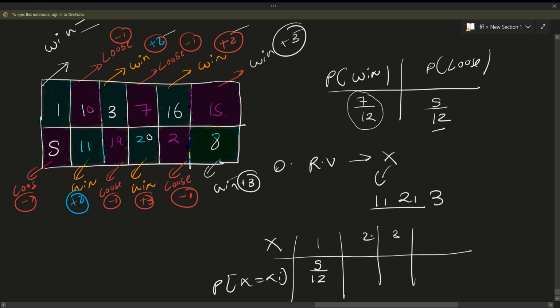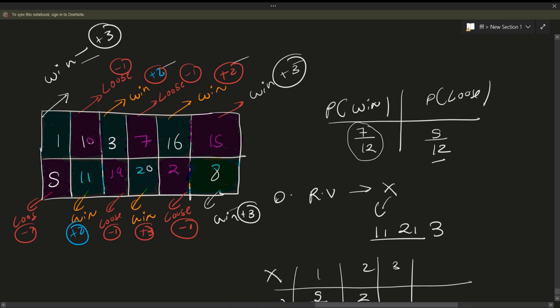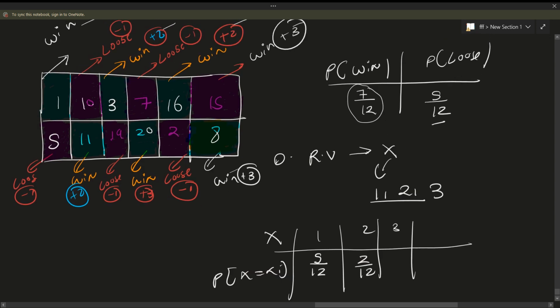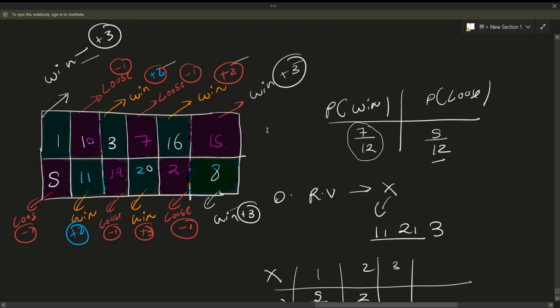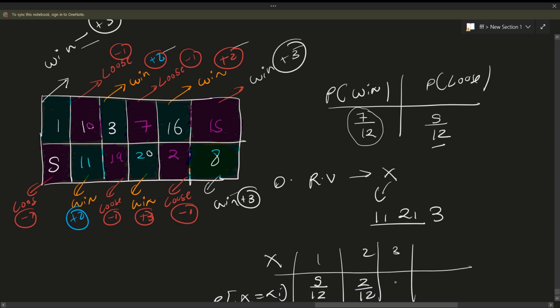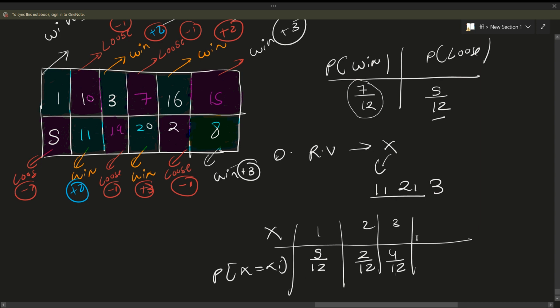Now let's see the number of times we're getting plus 2 win, and plus 3. 1 plus 3, 2 plus 3, 3 plus 3, 4 plus 3. Wait a minute. 1 plus 3, 2 plus 3, 3, 4. We're getting 4, but they are not adding up to 12: 7, 4, 11.